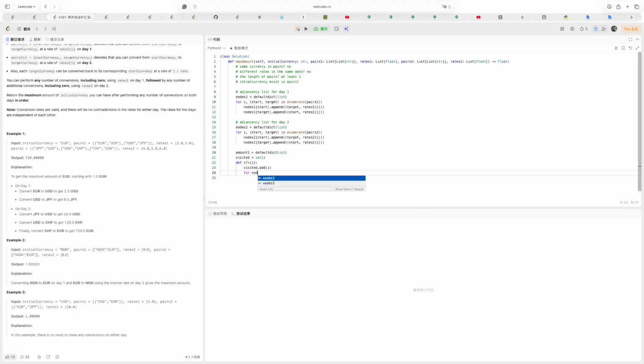So we'll have node, rate in nodes 1. Okay, have DFS 1 for day 1.